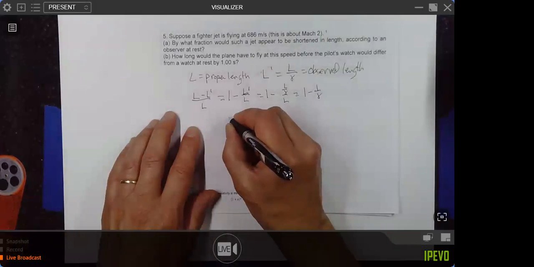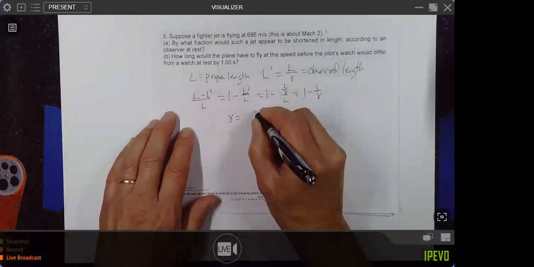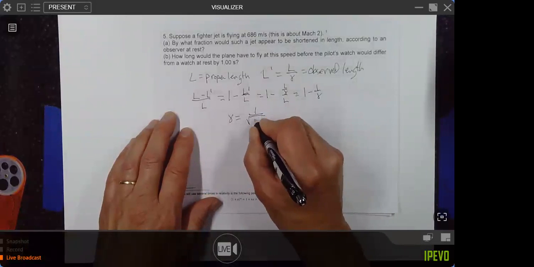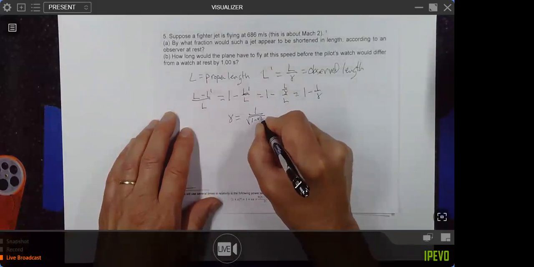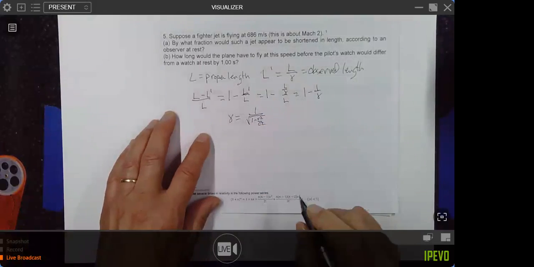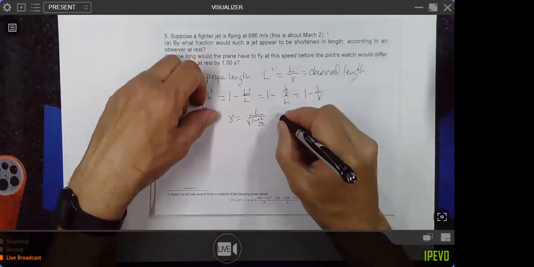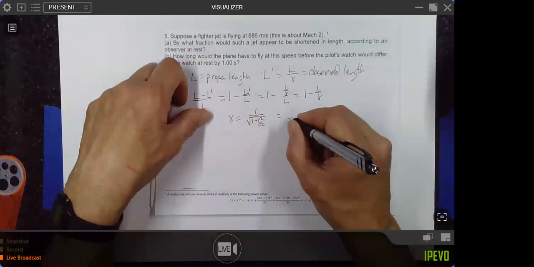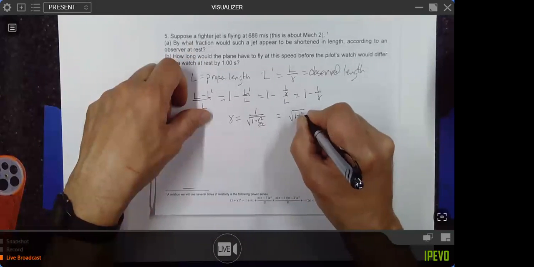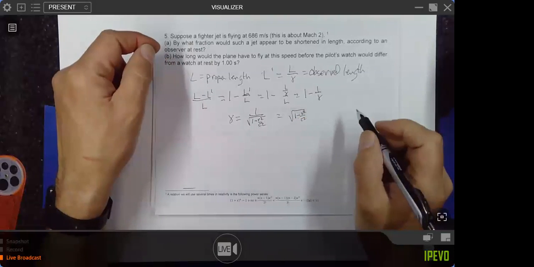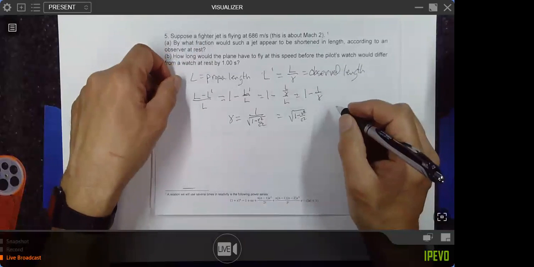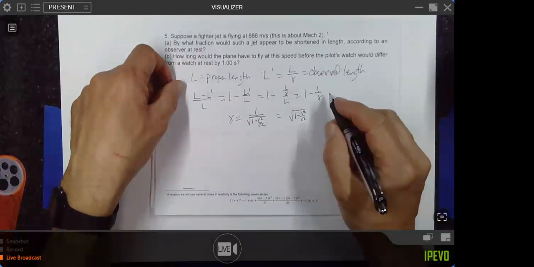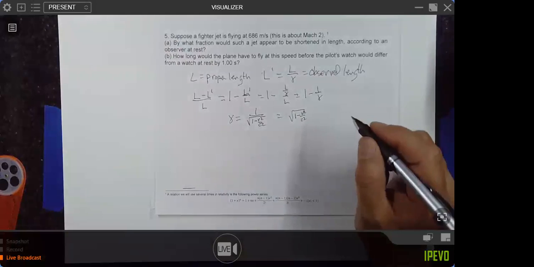In this case, gamma is going to equal 1 over the square root of 1 minus v squared over c squared. 1 over gamma is going to equal the reciprocal of this, the square root of 1 minus v squared over c squared, or beta squared. We could leave it as v over c, I guess. And we want 1 minus 1 over gamma.